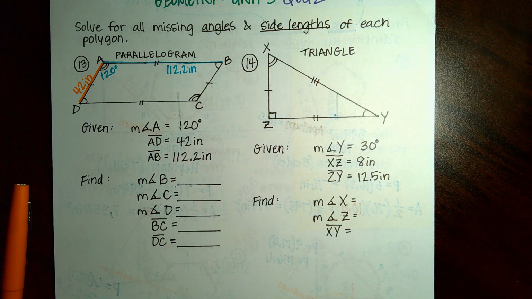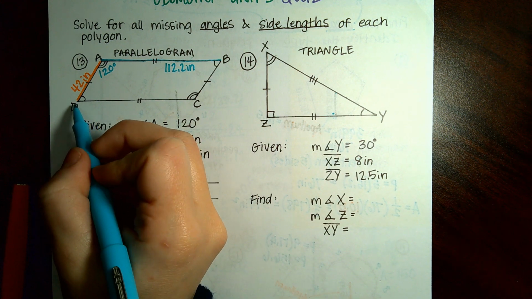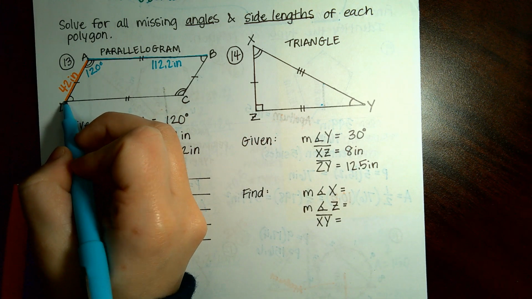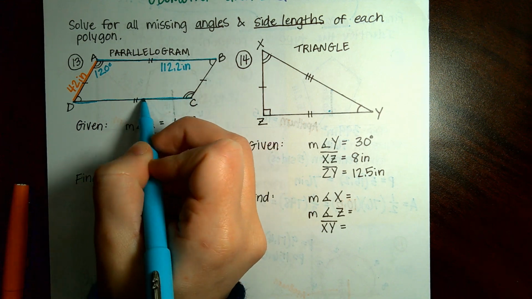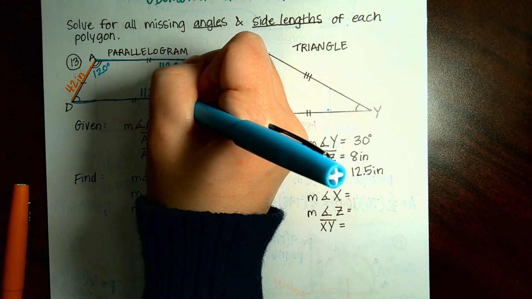So just by looking at our picture without having to do any math, what other side lengths and angles do we know? Well, we know both the side lengths that are missing because of the little tally marks. We sure do. So let's go ahead and mark those as well. From D to C will also be 112.2 inches.